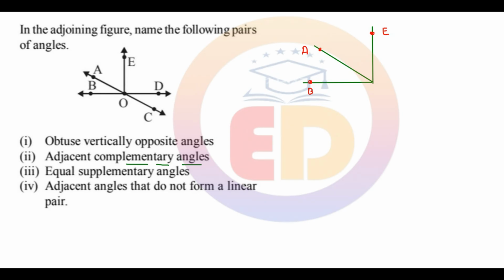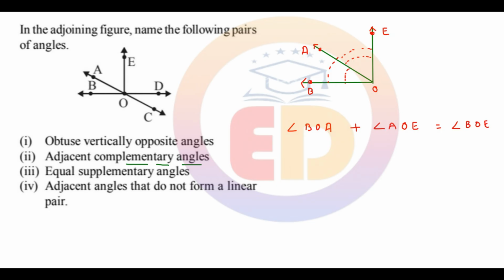Now if you see here, angle BOA, this angle, and angle AOE, these two angles, if you add these two angles, then the sum of these two angles will be the complete angle BOE.